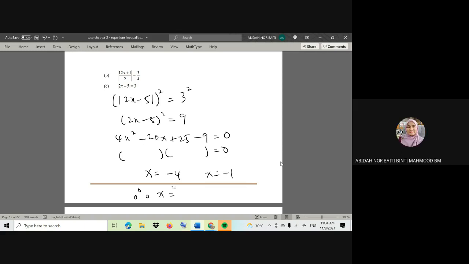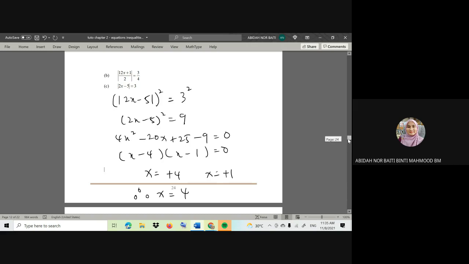After checking? Salah madam. x equal to 4, x equal to 1. Oh, positive. So, after checking, what is your x? 4. 4 saja. Okay, kena check ya. Kena check.